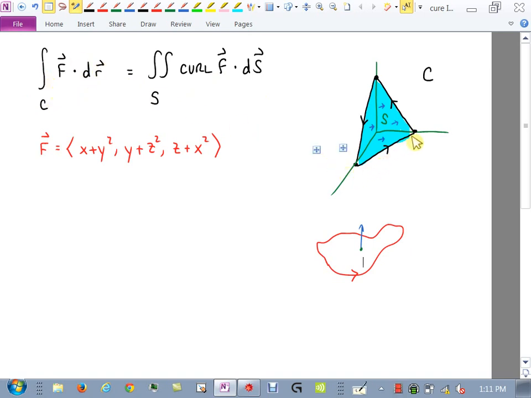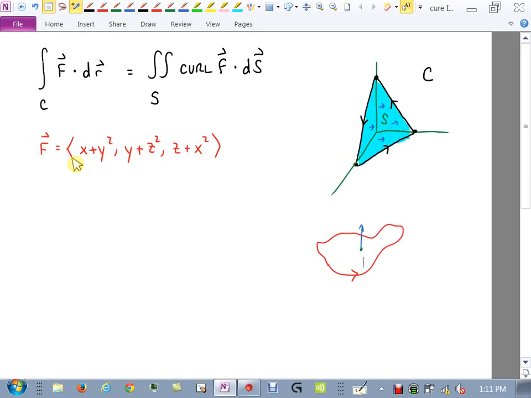I'd have to break this up into 3 line segments, and I'd have to do the line integral over each of the 3 segments, which maybe is not too bad, but maybe it sucks. Look at the vector function. This vector function isn't very nice, and so you'd have to plug in whatever the parametric equation was for this line segment in here, and then dot that with your derivative, and it could really wind up being ugly.